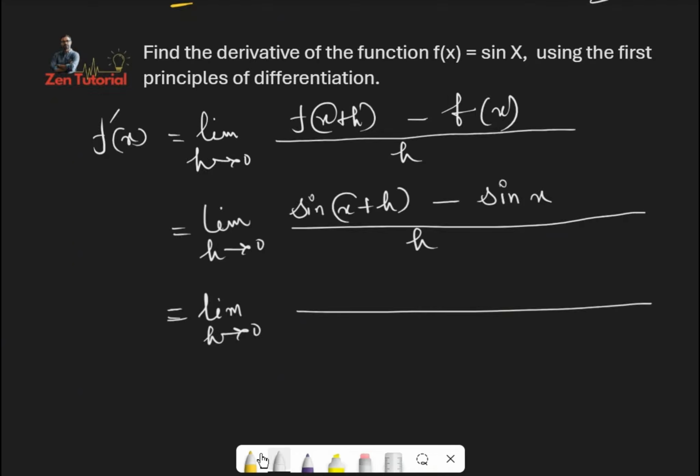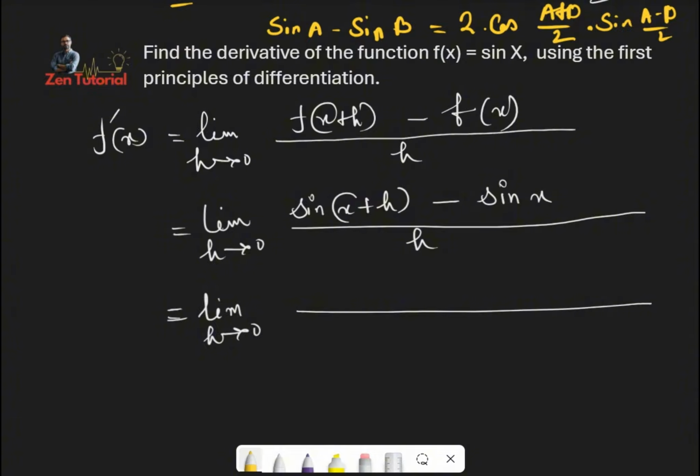the basic equation of trigonometry, that is sine A minus sine B. So let's write down here sine A minus sine B equals 2 of cos A plus B over 2 dot sine A minus B over 2. So this is the equation, right?